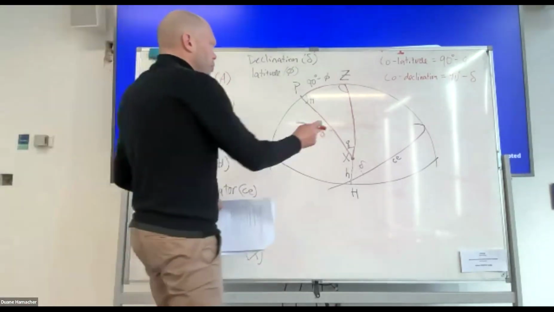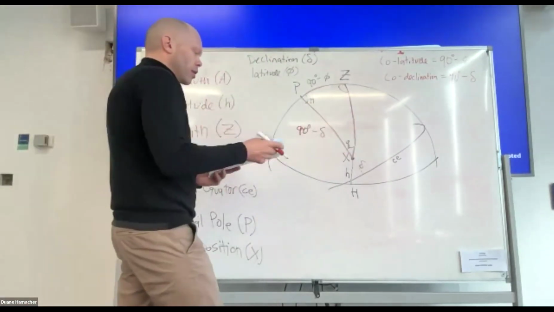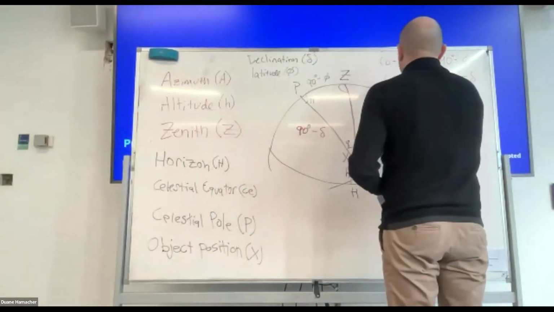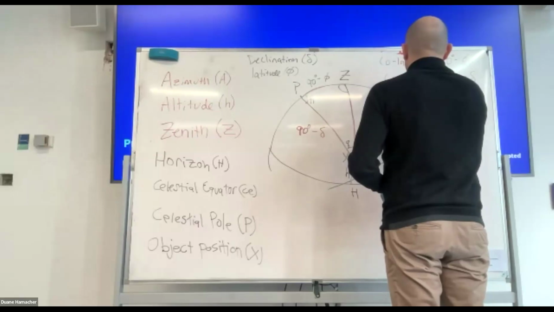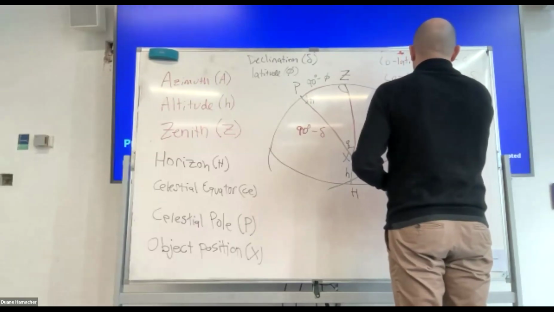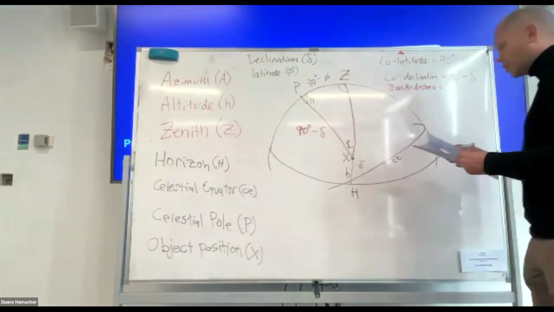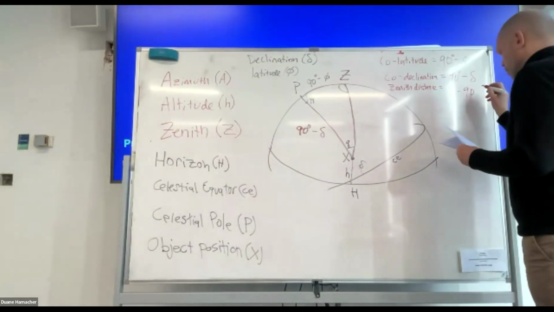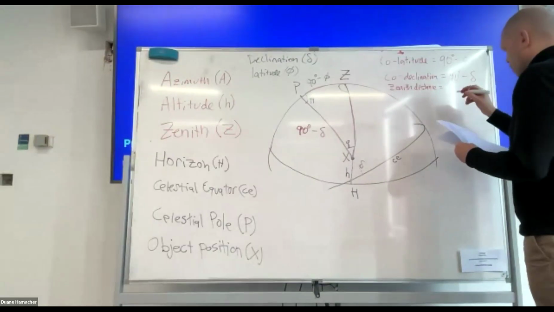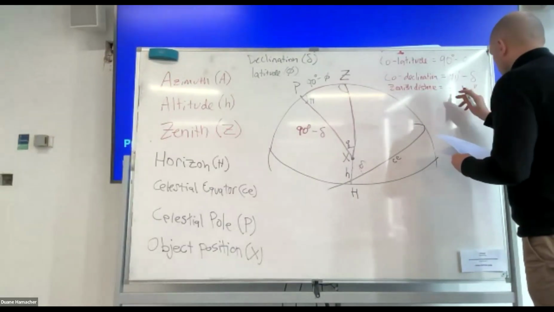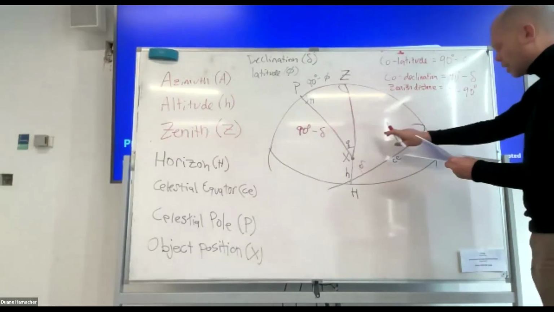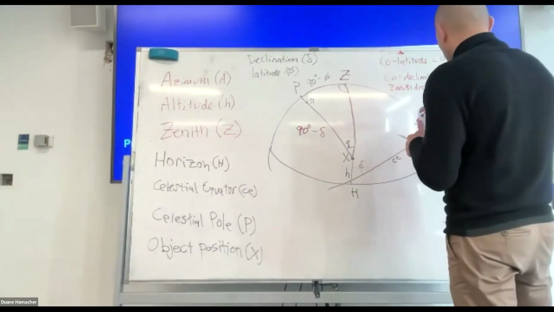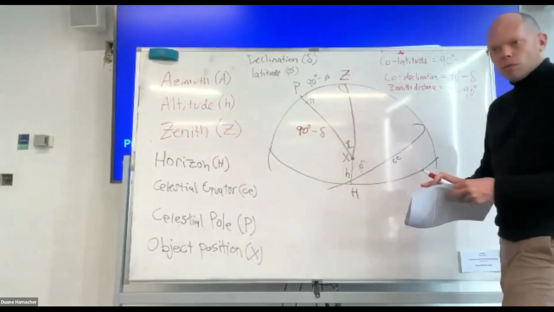And then, of course, we have this one here. This line here is going to be called our zenith distance, which is how close we are to the zenith, right? We're calling that Z here.